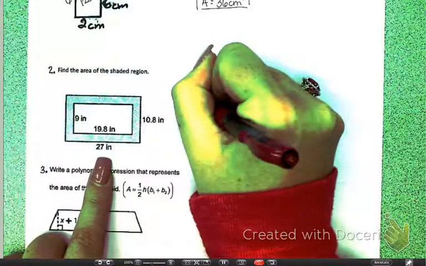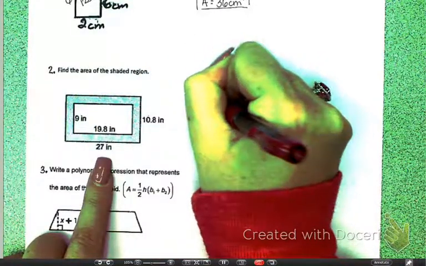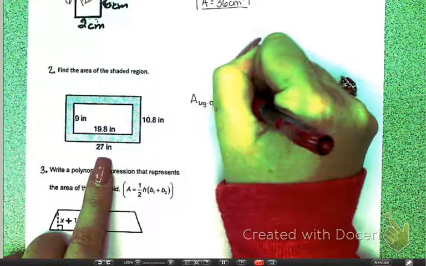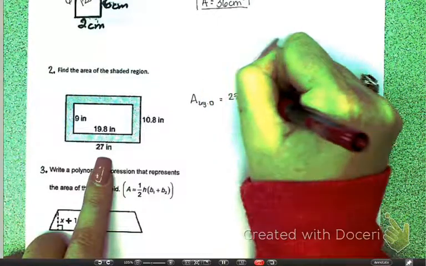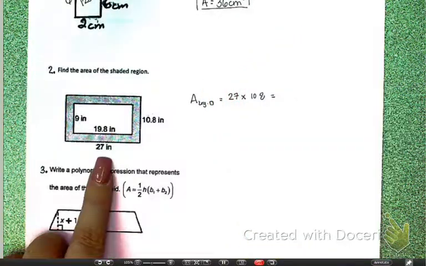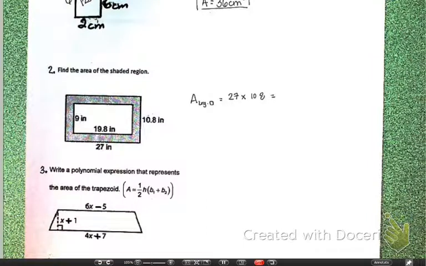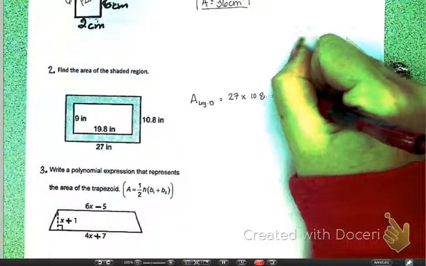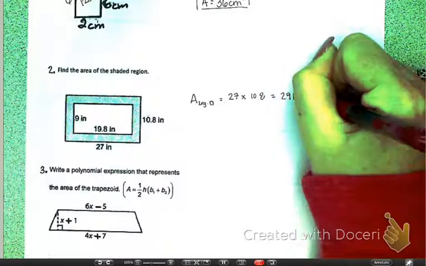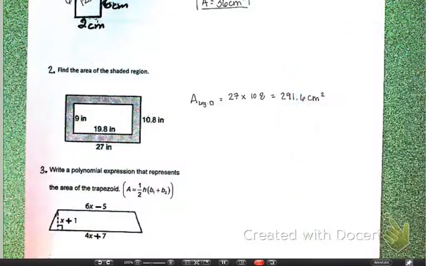So the area of the large rectangle is 27 times 10.8. And what do you get when you multiply 27 and 10.8? 291.6 centimeters squared.